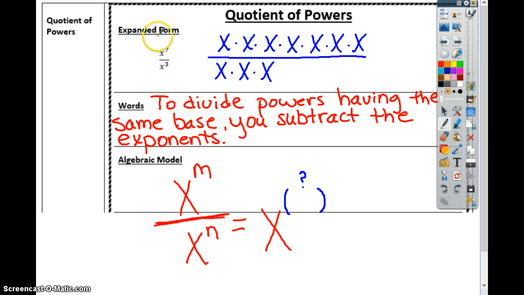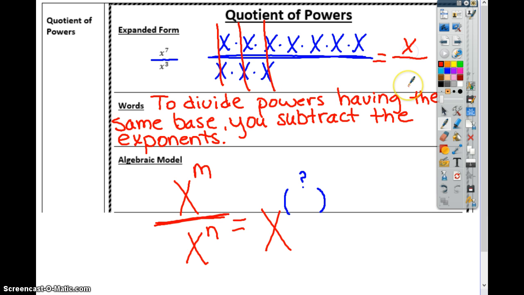All right, when you look at the expanded form that I have up here, x to the 7th divided by x to the 3rd, that written out is 7 x's up here divided by 3 x's. So what that means is when you simplify, those cancel out, those cancel out, those cancel out. What does that leave me with?